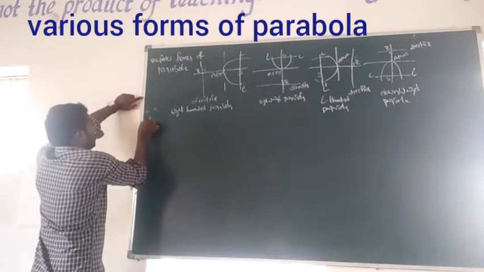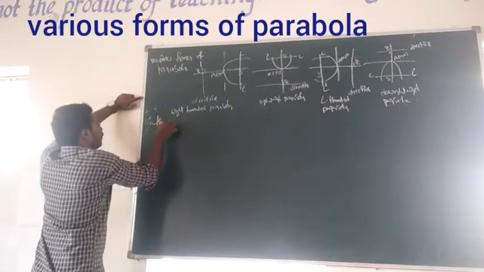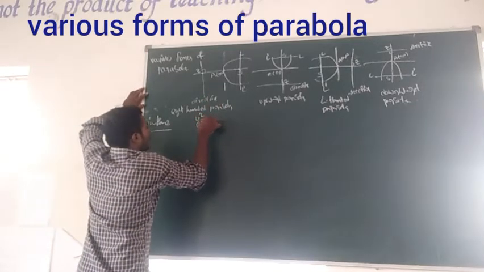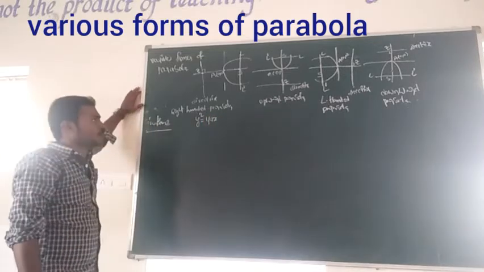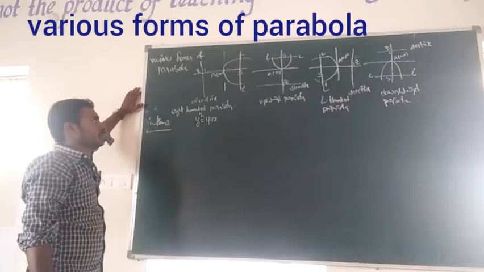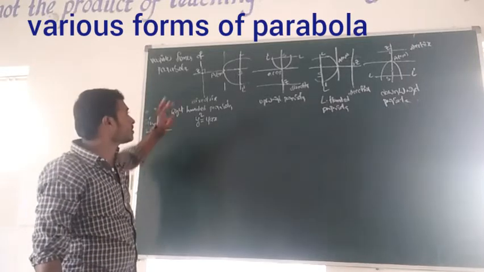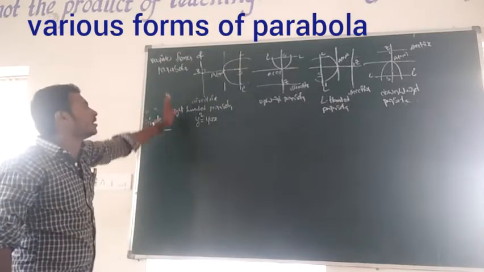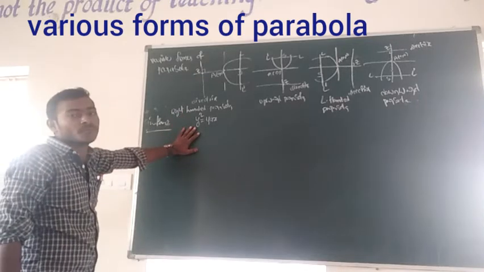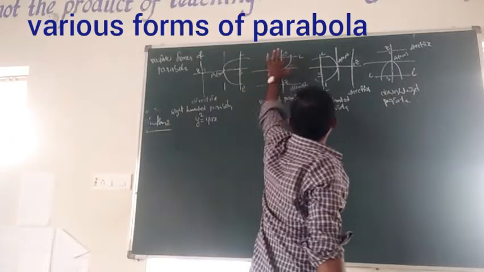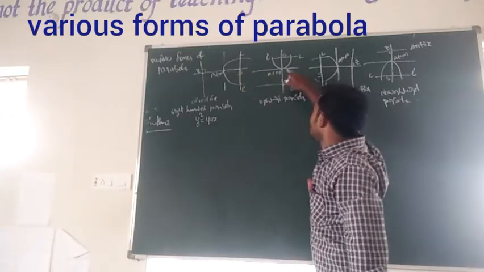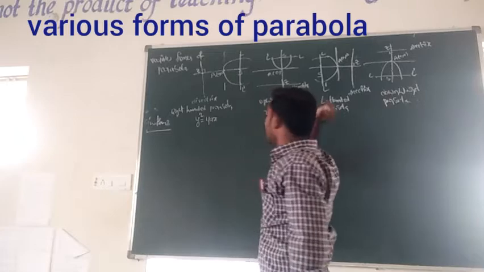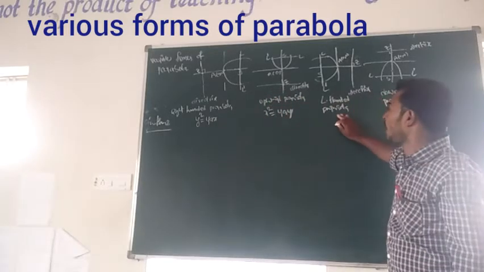Now coming to the equations. The standard form of parabola is y square equals 4ax. Why do we say y square equals 4ax? Because the vertex and the focus lie on the x-axis. Here the vertex and the focus lie on the y-axis, so we take x square equals 4ay.